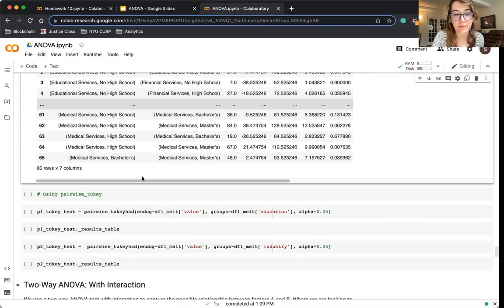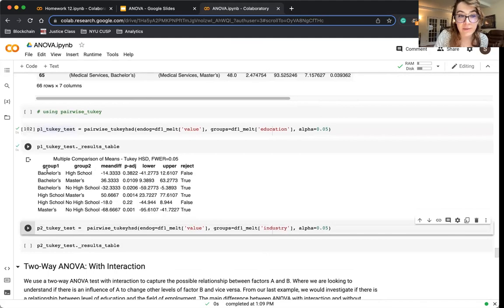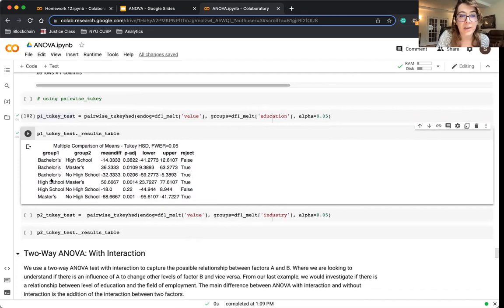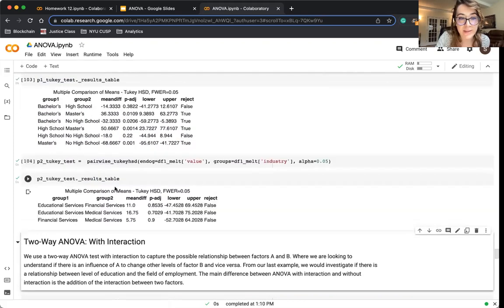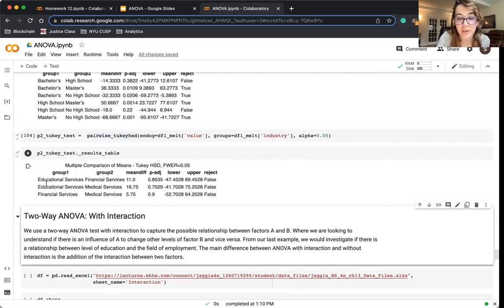And it's doing all of the heavy lifting for us using these packages, where now we have the results to say the difference between masters and bachelors in this case would have a statistically significant difference compared to bachelors and high school. Actually, from this sample, there isn't, because we see this value where we can reject the null hypothesis. And we can start to really understand the differences, but now if we have this pairwise, where we are looking at just the two different groups, there is no statistically significant difference just between the financial services compared to educational services.